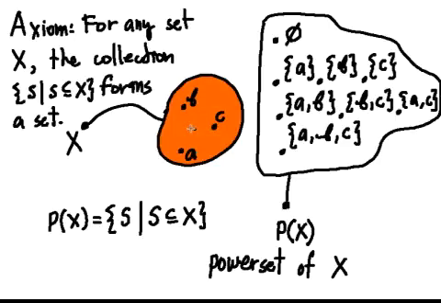So that's the power set axiom. And then the set formed by this collection is called the power set of the given set and is denoted by P of X.